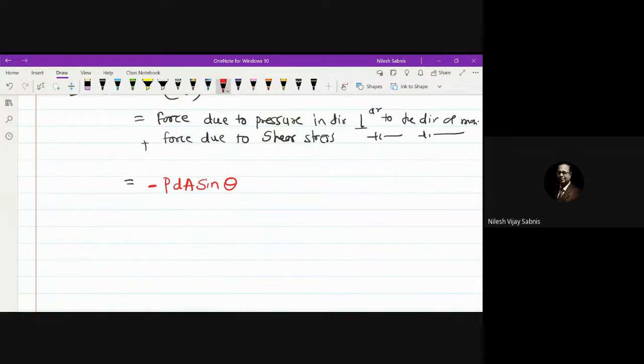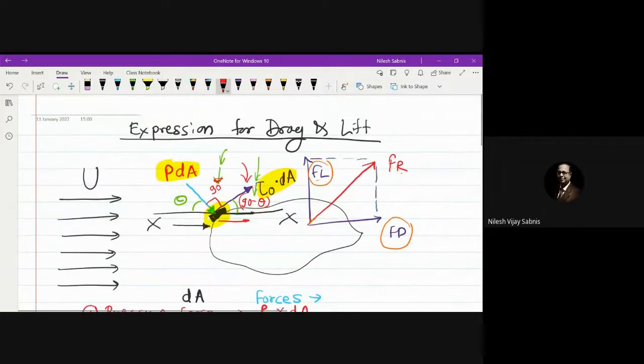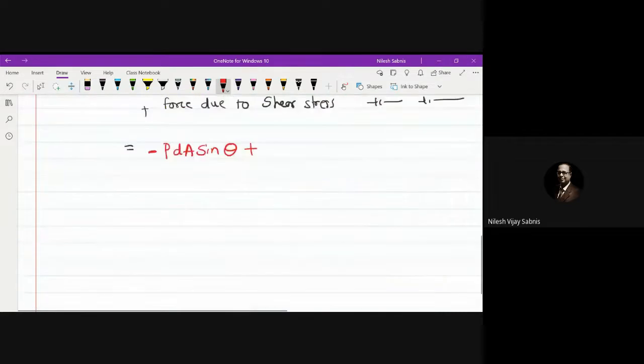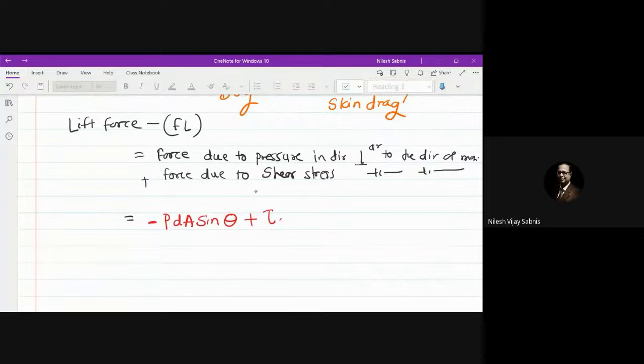And the second component is this, which will be in the upward direction. When we resolve this component into two, it will be in the upward direction, so it will have a positive sign, that is tau 0 dA sin 90 minus theta.